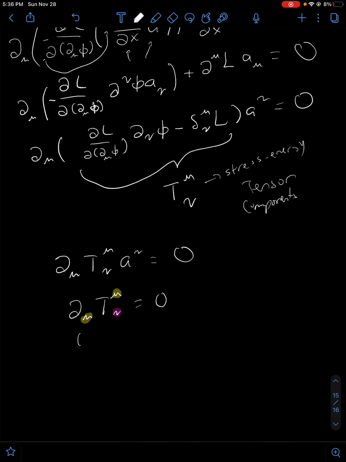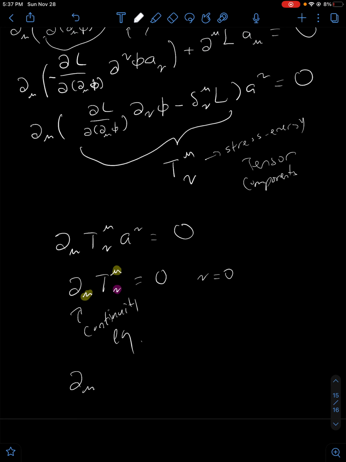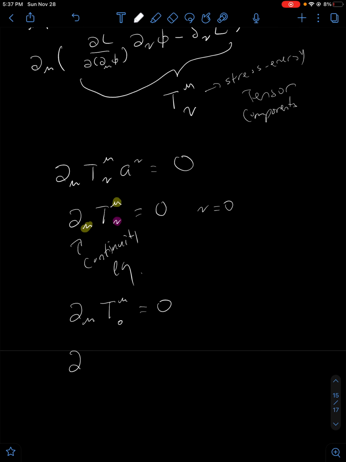So this is a continuity equation. And continuity equations kind of tell you that there's something being conserved. We can actually choose the case where mu equals 0, and we have partial mu T mu naught equals 0, which we can expand as partial naught T naught naught minus partial i T i naught equals 0, where i goes to 3.